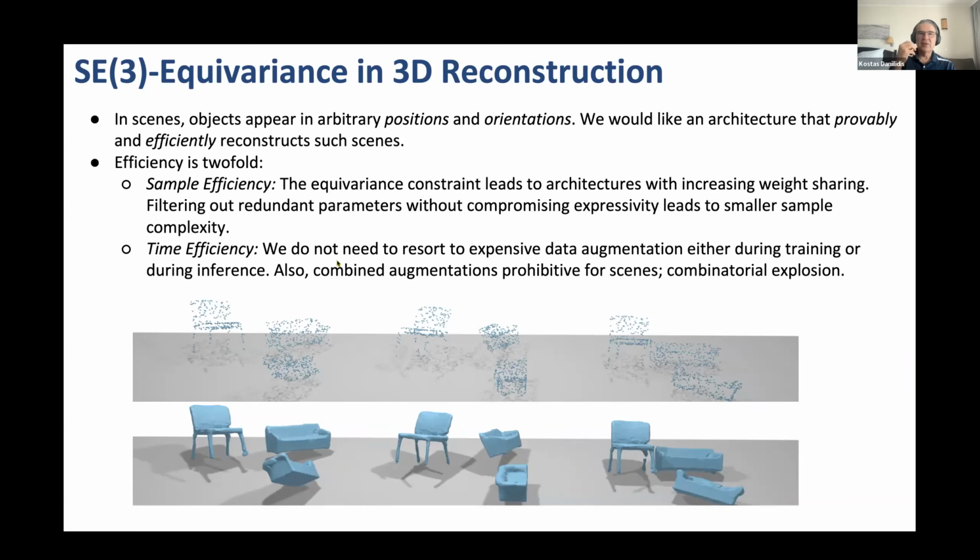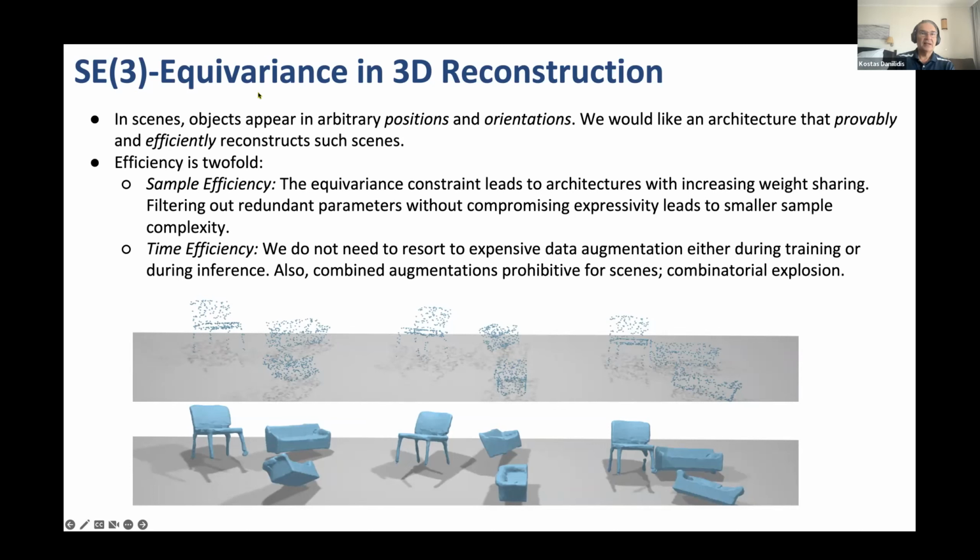It is also that if we want to apply equivariance and we will use augmentations for the scenes, then we would have a combinatorial explosion for any possible relative position and orientation between the objects. So what we want is to train on single objects like ShapeNet, and be able to test directly on a scene and get these beautiful reconstructions that are extracted by the approach I'm going to present.